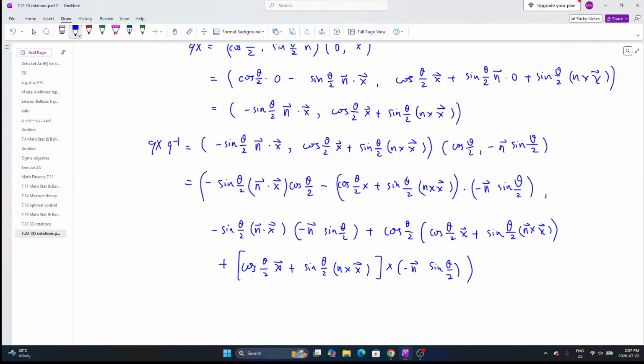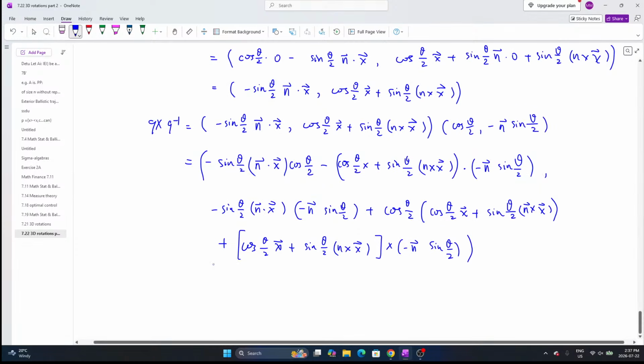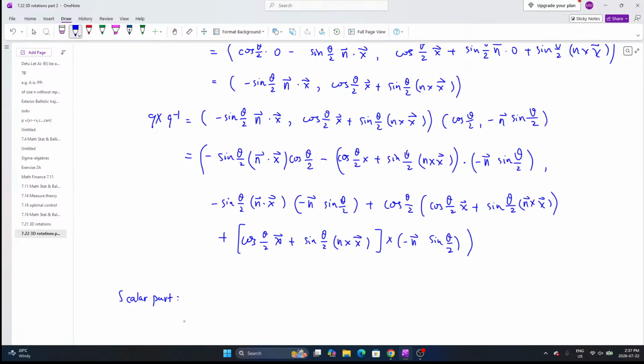Okay, so now we need to simplify this mess. Let's do the scalar part first.